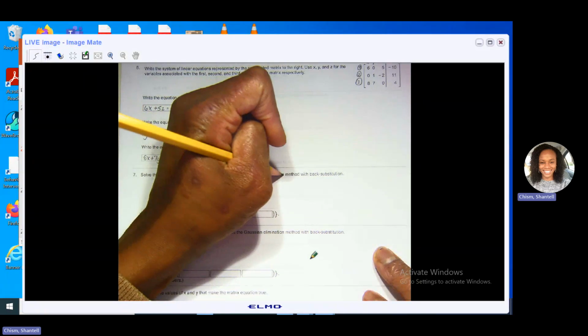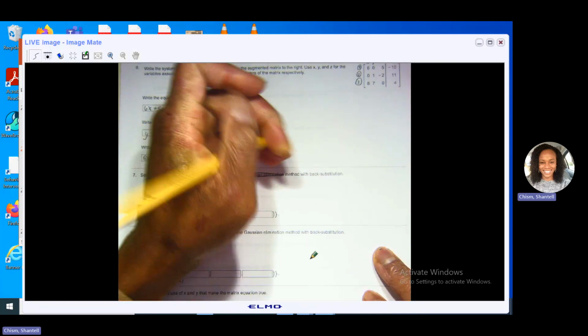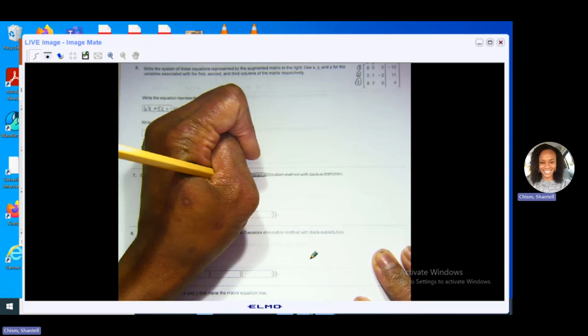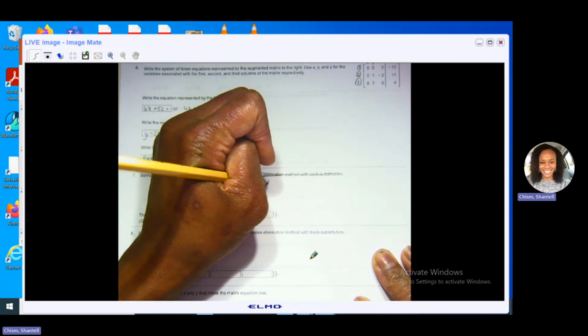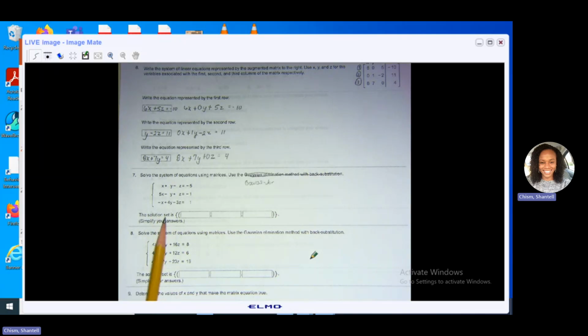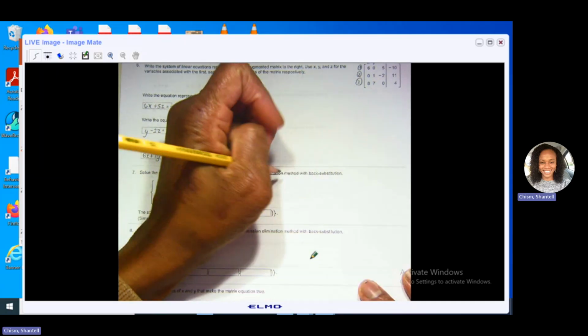We're going to use Gauss-Jordan, and that way you don't have to do any back substitution. So basically, the mathematician Gauss came up with the elimination method initially, and then he hooked up with another mathematician, namely Jordan, and they simplified it even further. So Gauss-Jordan elimination is what we're going to use.